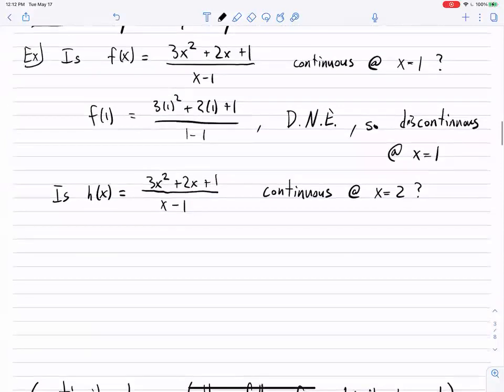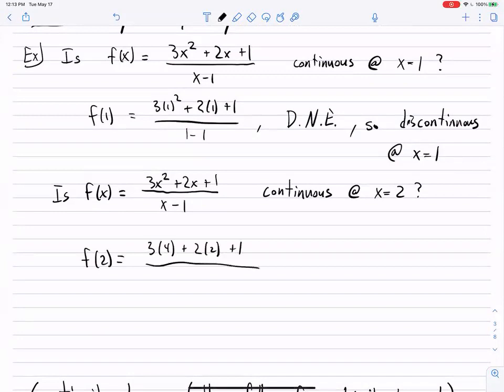How about the same function, but at 2? This is f, the same function. Is f of x continuous at x equals 2? Let's plug it in. f of 2 is 3 times 4 plus 2 times 2 plus 1, over 2 minus 1, which is 12 plus 5, so 17 over 1. So it's 17.